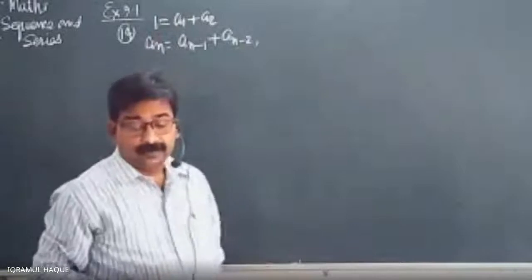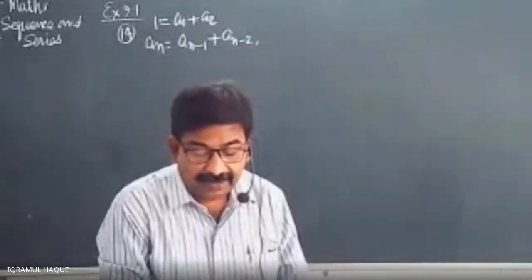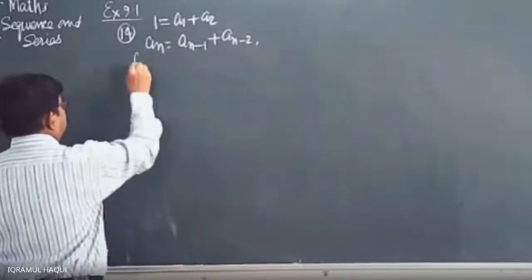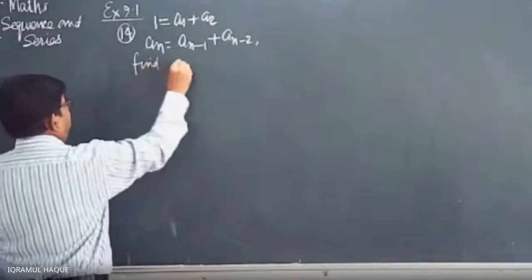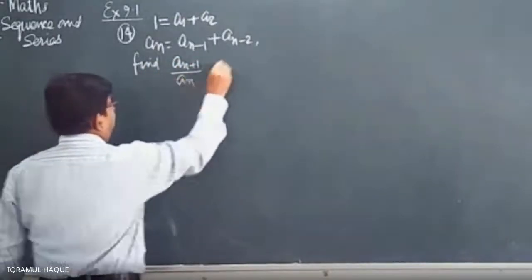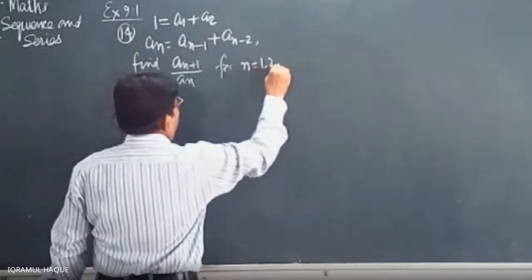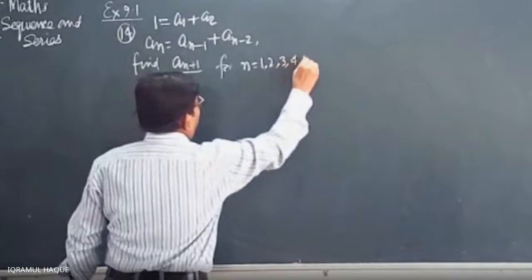Yesterday I told this. Now we have to find the value of A(n+1) upon An, for n is equal to 1, 2, 3, 4, 5.